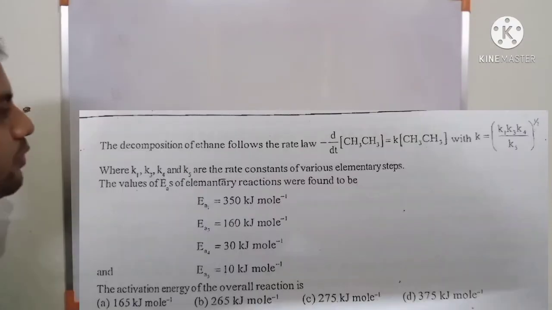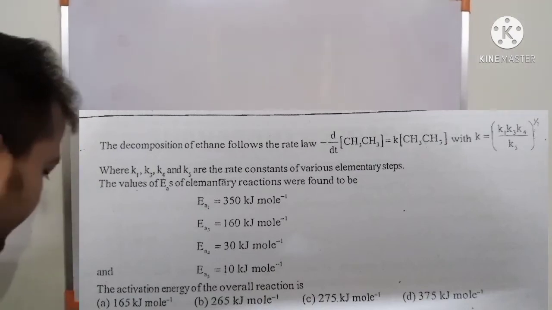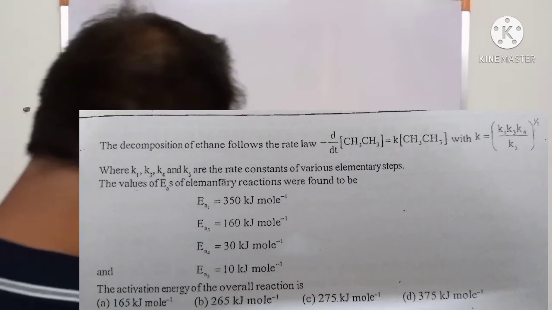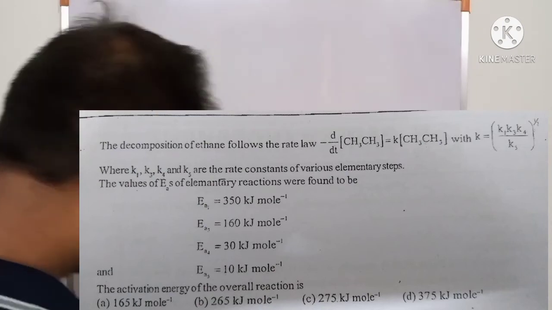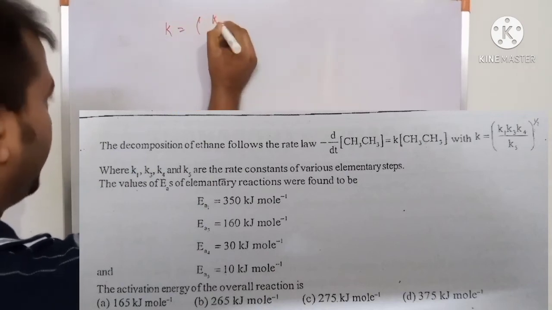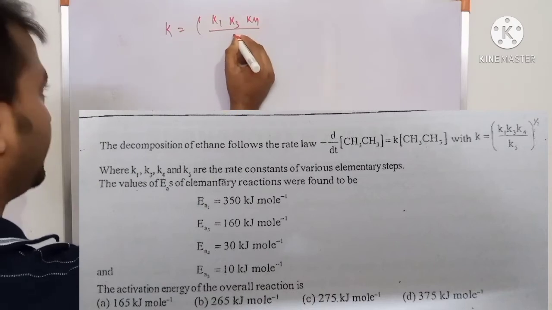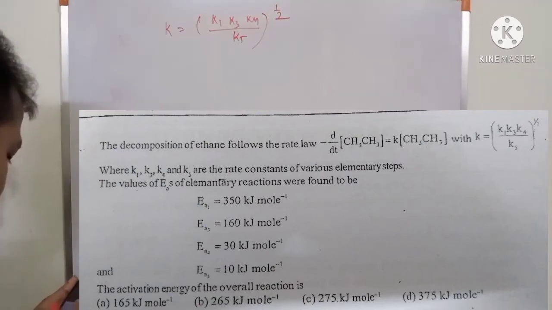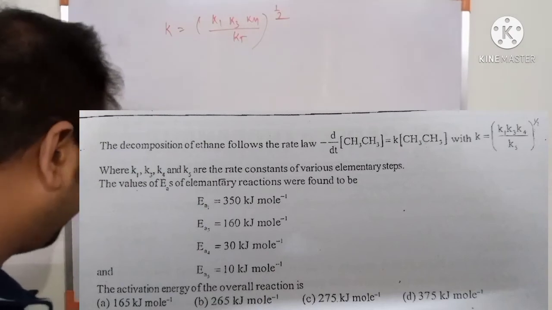Now let us see the most important example, please see the screen. The decomposition of ethane follows the rate law: minus d[CH3]/dt, the concentration of CH3, equals K into the concentration of CH3, with rate constant K equal to K1 K3 K4 divided by K5, whole to the power 1 by 2, where K1, K3, K4 are rate constants of various elementary steps.